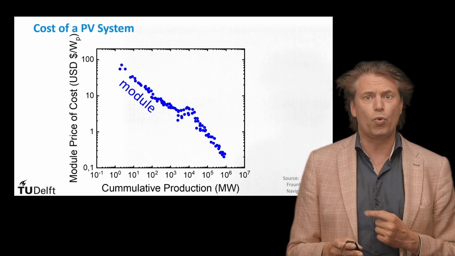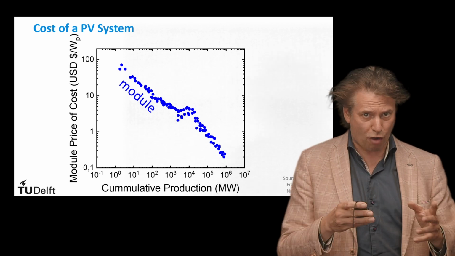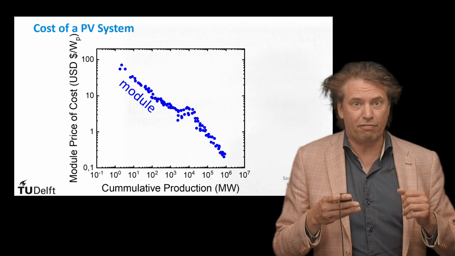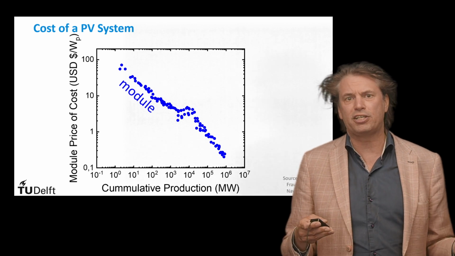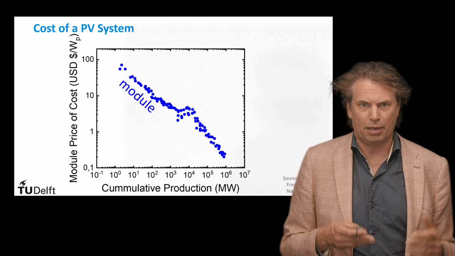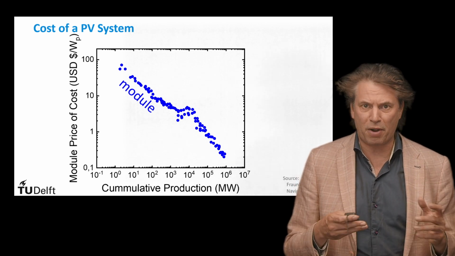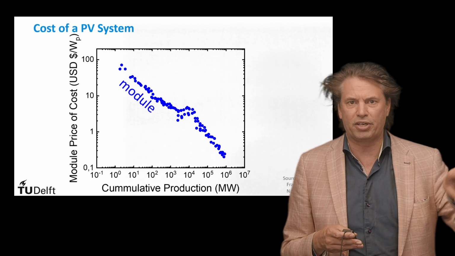In this graph, we have the average global sale prices of a PV module in inflation-adjusted dollars per watt peak. The sales price is plotted against the cumulative production in gigawatt peak. Important to note is that the sale prices, discounting some fluctuation, follow a largely exponential decay.